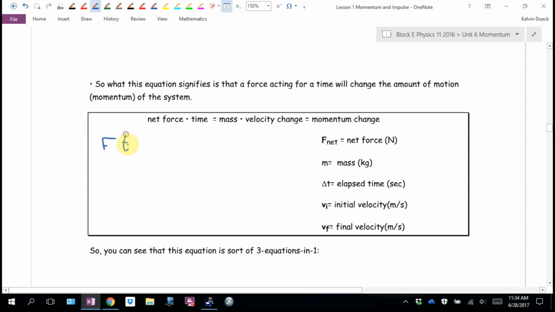Force times time. Now on your formula sheet, I think I stuck a delta there, and that's because technically time is always a change in, and so it's traditional to write a delta there, even though at the beginning of the year when we did equations with time in them, we stopped putting the delta in out of laziness. This is equal to mass times velocity change, which is equal to impulse.